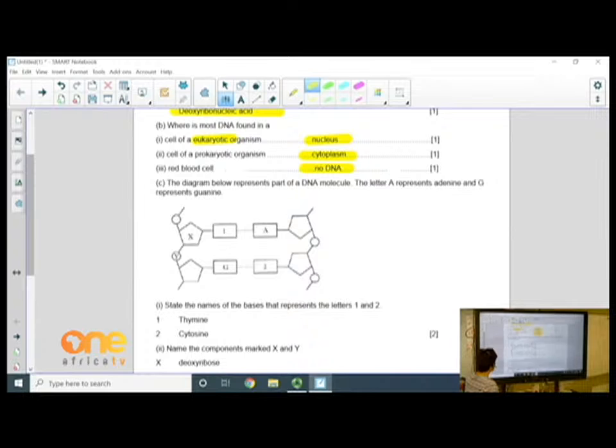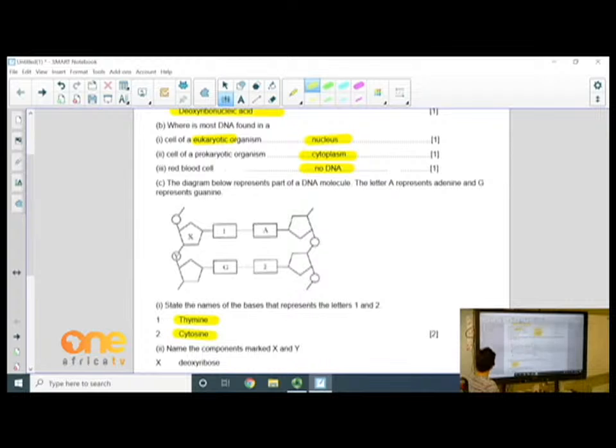State the names of the bases. Please spell correctly, so that when I say your name, it is correct. At higher level, they are strict on specific scientific words that you have to spell correctly. So if one must be thymine, because thymine links with adenine, and guanine will link to cytosine.